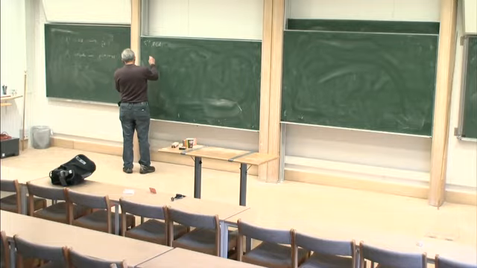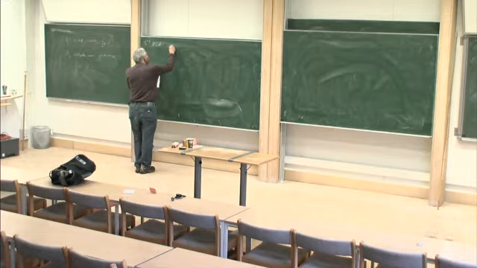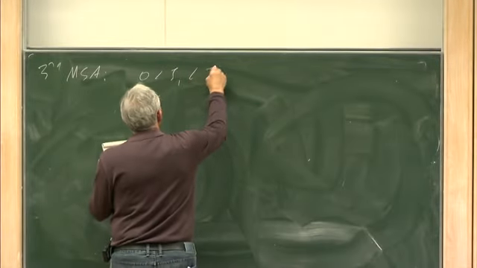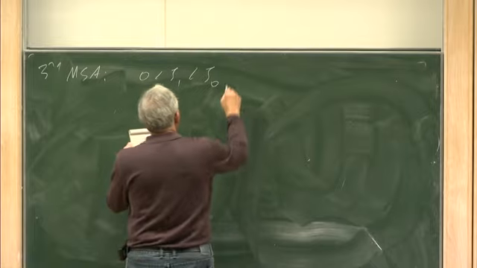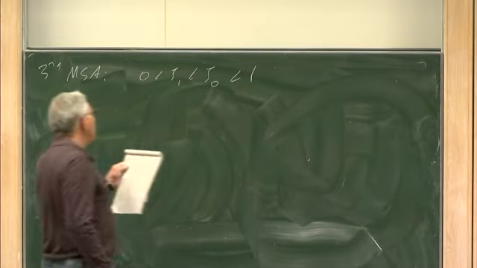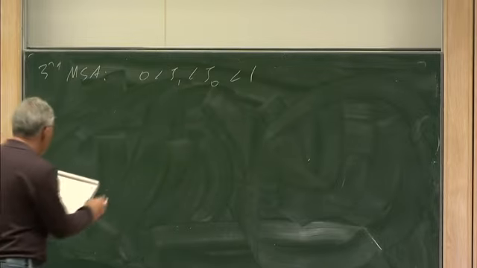The theorem then is that, let me take zeta 1 and zeta 0 to be less than 1.